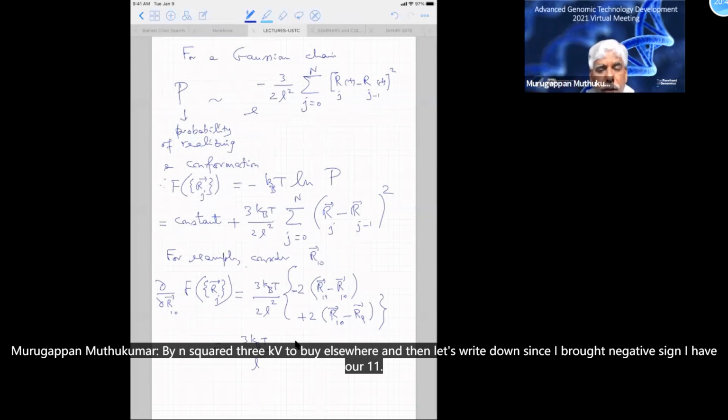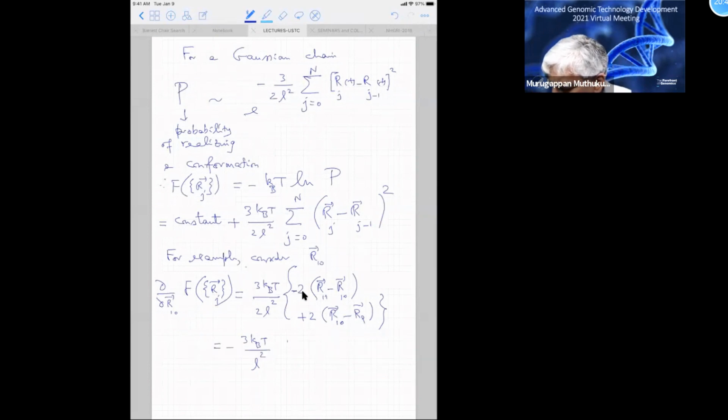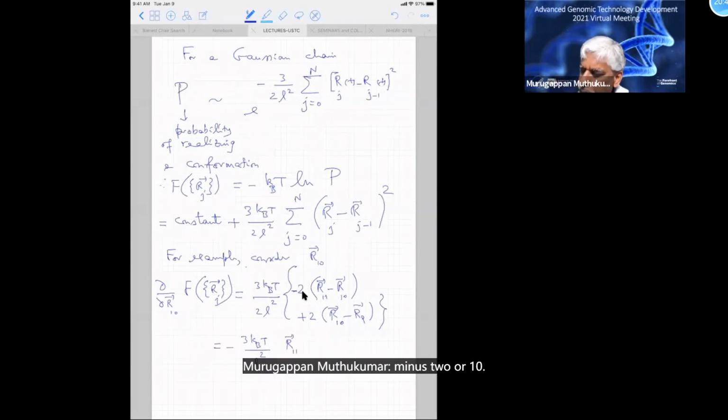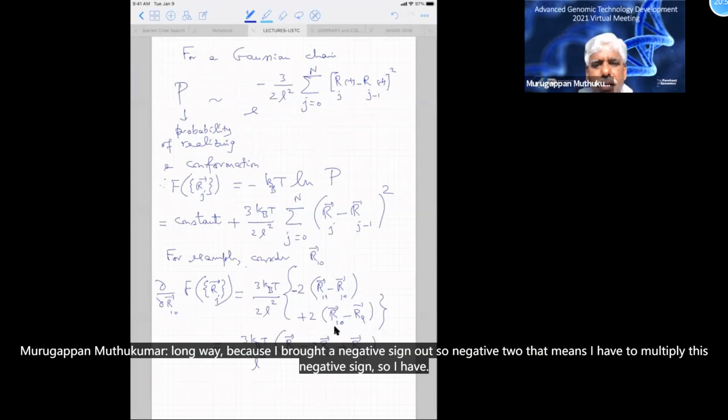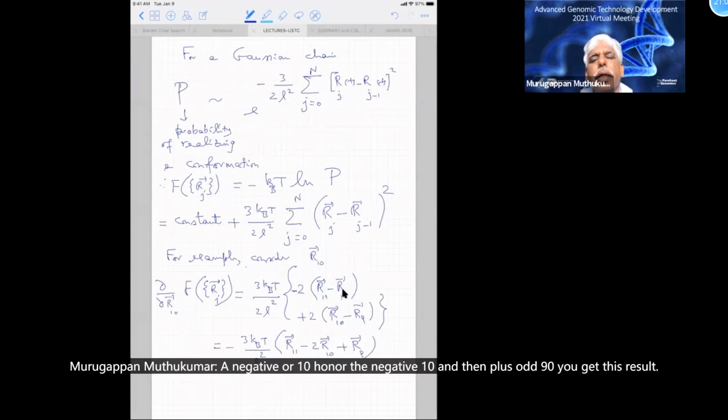And then, since I have brought the negative sign out, I have R11 minus 2 R10 plus R9, for example, right? Because I brought a negative sign out. So negative 2, that means I have to multiply this by negative sign. So I have a negative R10, another negative R10, and then plus R9, so you get this result.